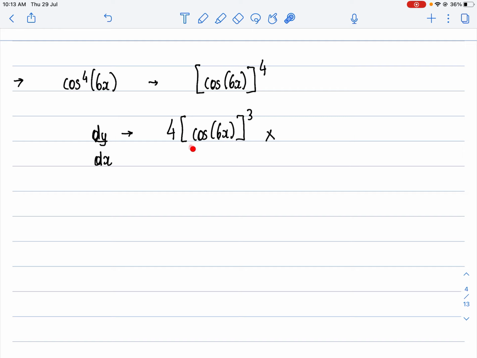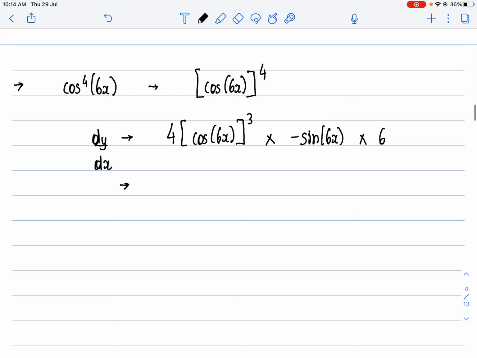So first differentiate cos. What is the differentiation of cos? Simply minus sine. So I can write this as minus sine, and I'll write the inner function as it is, multiplied by the differentiation of the inner bracket here, which is the differentiation of 6x, which is 6. Correct? So now I can write everything together.